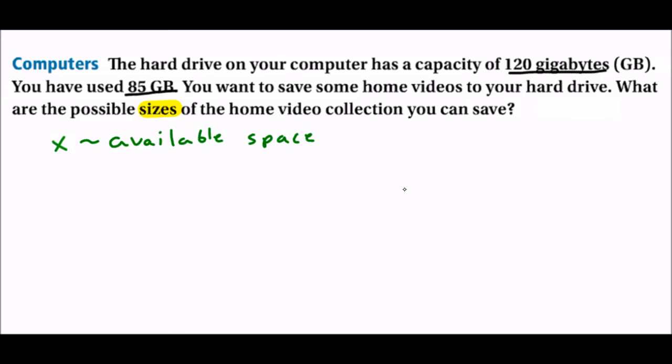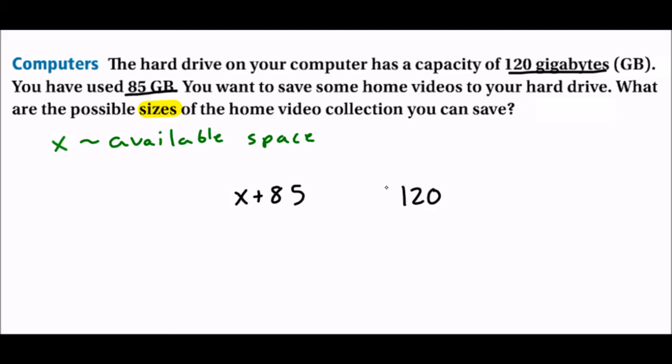We have used 85 gigabytes, and the total is 120 gigabytes. So I know it's going to look something like this. I've got 120 over here. Then I have to do something with x plus 85, because the available space plus the space I've used is going to be related to 120. Now here's the thing. We could, if we wanted to, have this value be exactly 120.